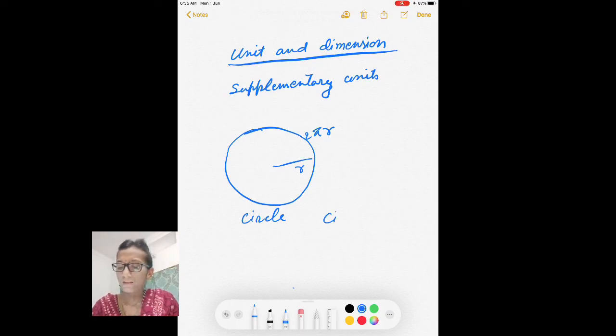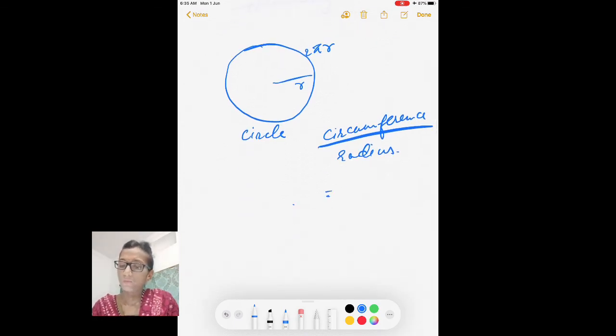When you divide the circumference by its radius, you get a constant value, you can see.